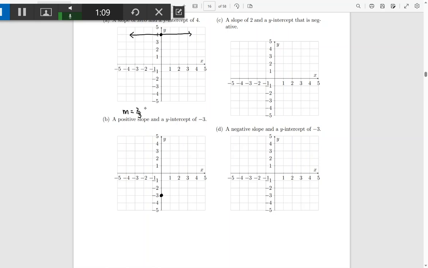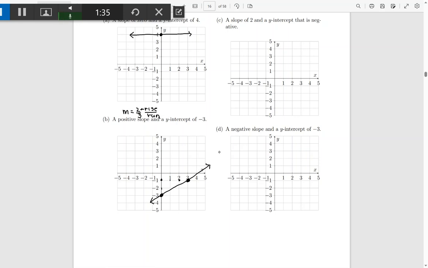Remember, slope is rise over run. So I go up 2 units from my anchor point, count up 2, and then run 3. 1, 2, 3. And then where I end up and where I start are the 2 dots I use to connect up and draw it in.